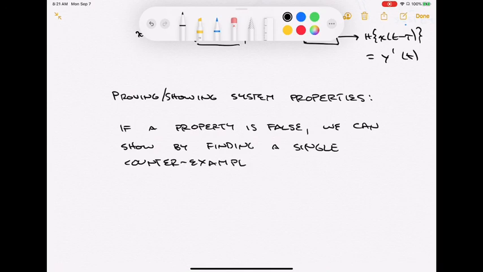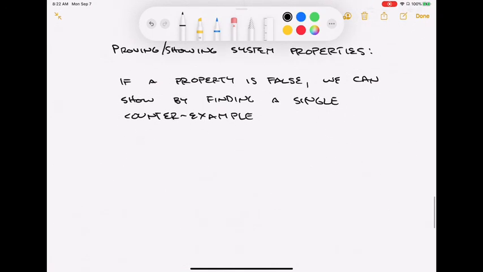What am I saying here? I'm saying you can prove something false through the application of a counterexample. If you can find one case where something does not hold true on a system, then you know that it is not true. Finding one is enough.